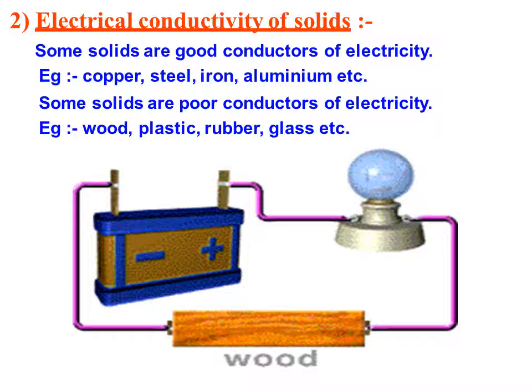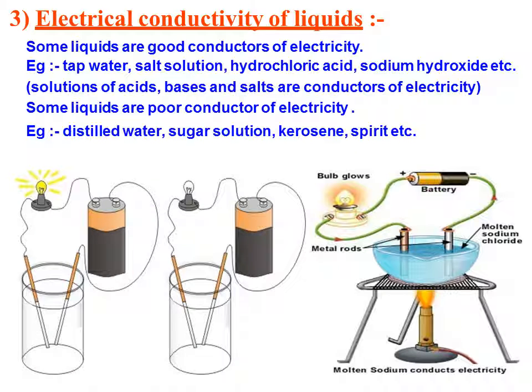Now we will talk about liquids. That means electrical conductivity of liquids. So some liquids are good conductors of electricity and some are poor conductors of electricity. Those liquids which are good conductors of electricity are tap water, normal water, salt solution, hydrochloric acid solution, sodium hydroxide. So solutions of acid, base and salts are conductors of electricity, as we discussed earlier.